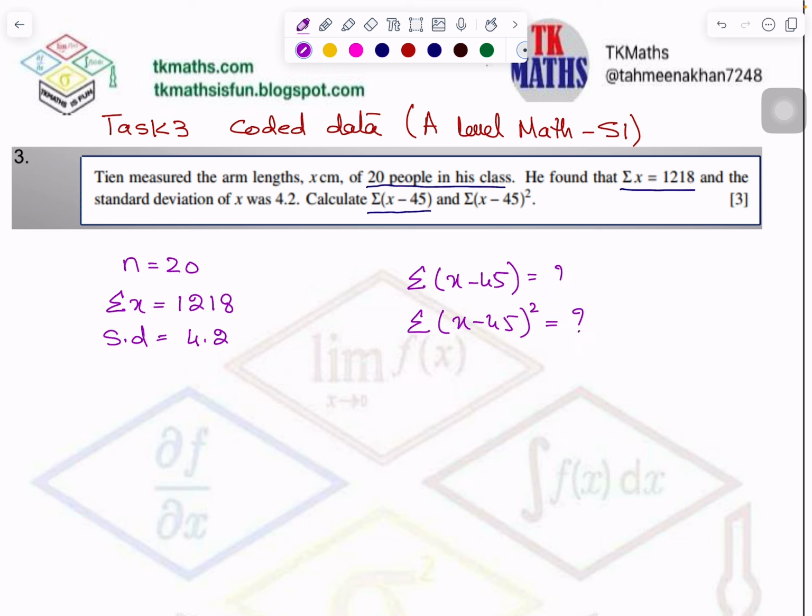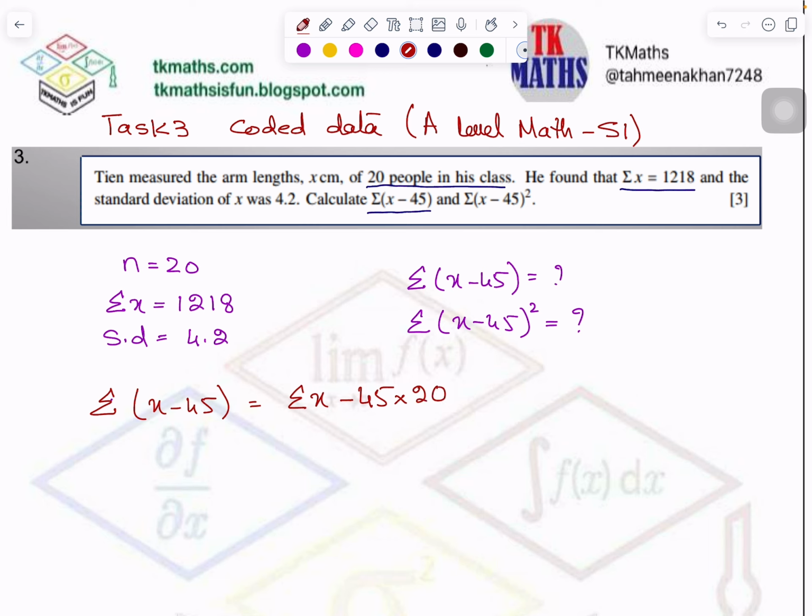Now think of the formula that you know here. If I write sigma (x minus 45) and expand it, you remember what I told you? It is sigma x, the total of the data, minus 45 times the total number of data, 20 people, so 45 times 20.